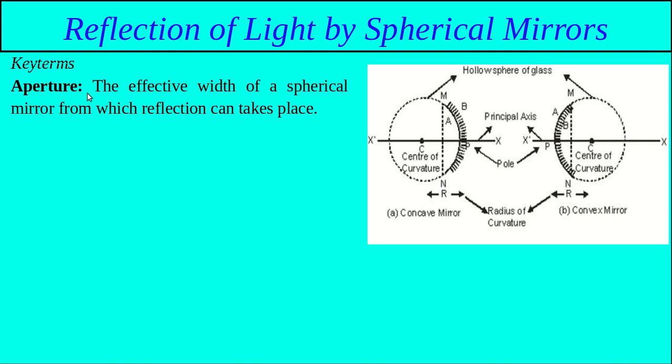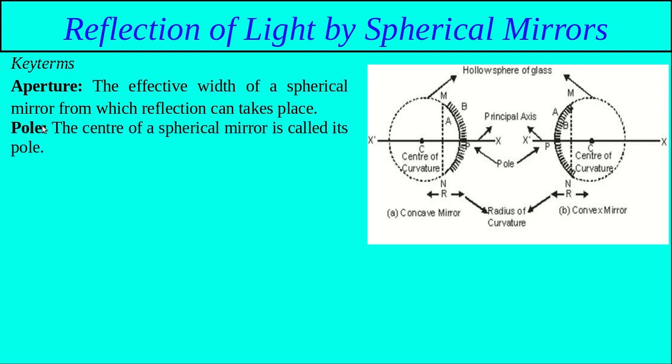The aperture is basically the effective width of a spherical mirror from which reflection can take place. For example, in this concave mirror, this portion is the aperture of this mirror and this portion is the aperture of the convex mirror.